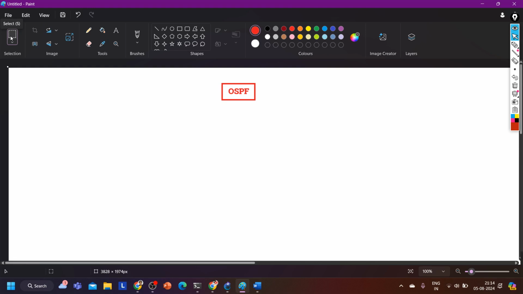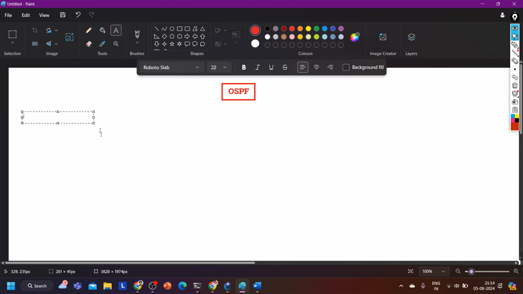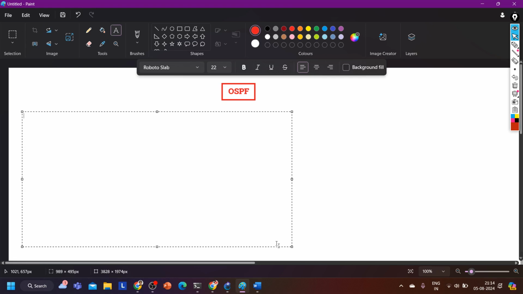Okay. So the first point about the OSPF routing protocol, let me write here. If you have a notebook, you can write these points, like basic points for interview. First thing is OSPF stands for open shortest path first.